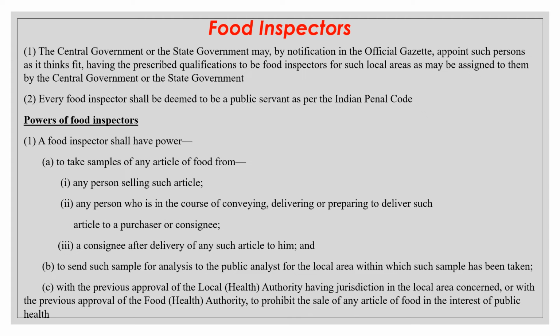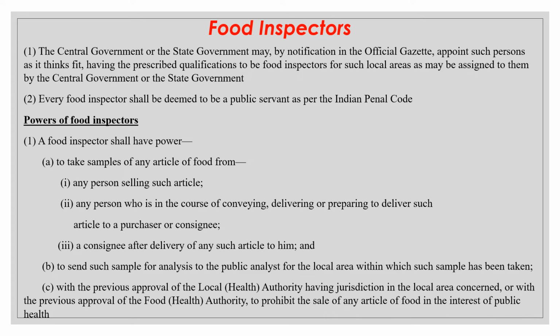And there is another authority called food inspectors, who may be appointed by the central government or the state governments, okay, to draw or collect samples from shops selling food articles, okay, and send them for lab testing.